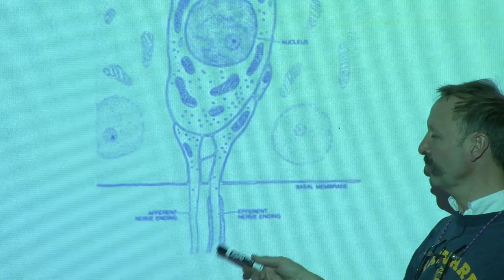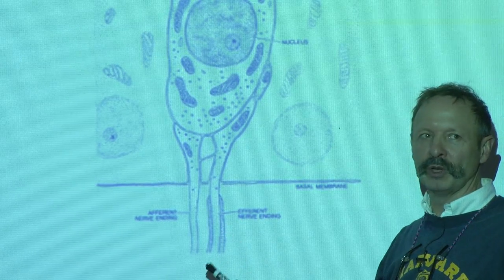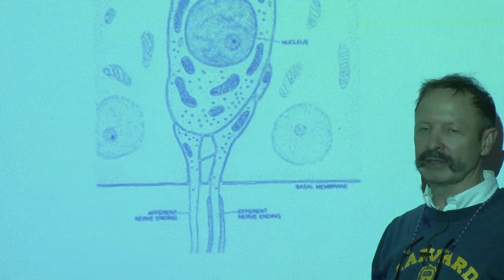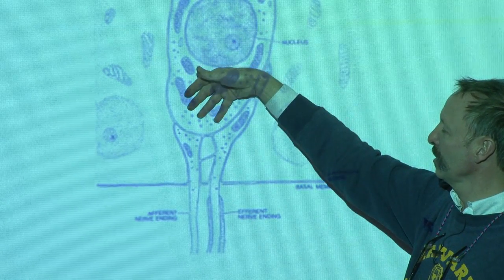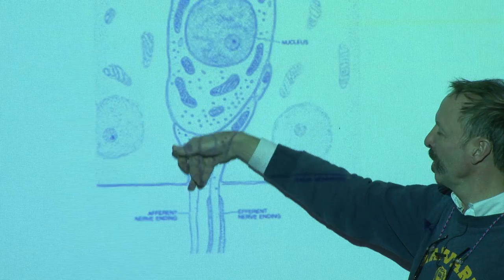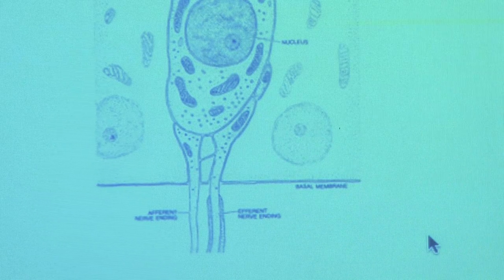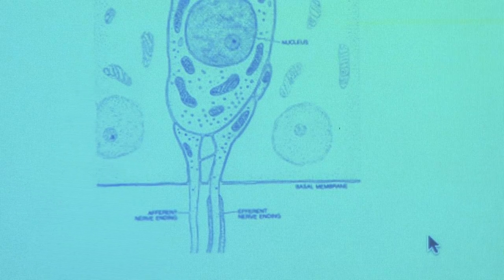And there are, interestingly, two types of nerve fibers. The one you would instantly think of is the afferent nerve fiber, the auditory nerve fiber, where the hair cell is sending messages to the nerve fiber. And how does one cell send a message to another in the nervous system? Well, there's a synapse, right?